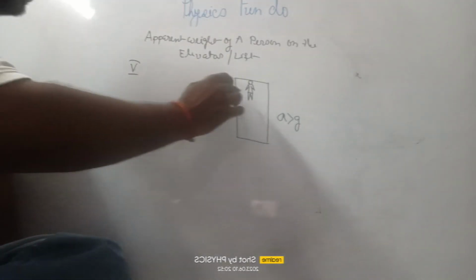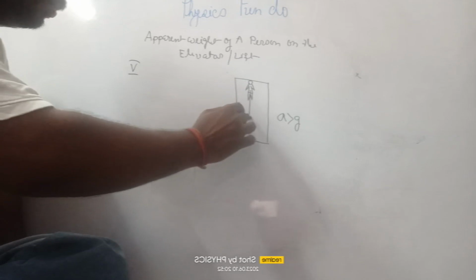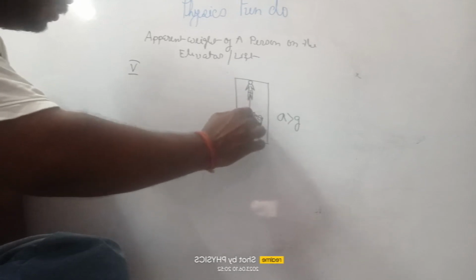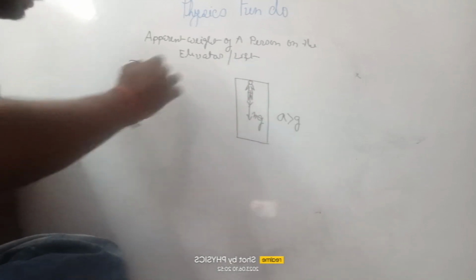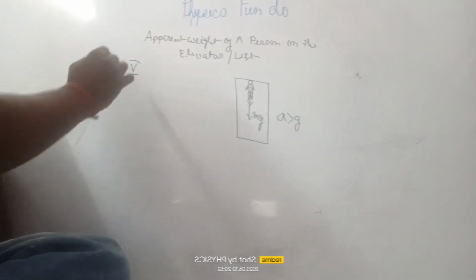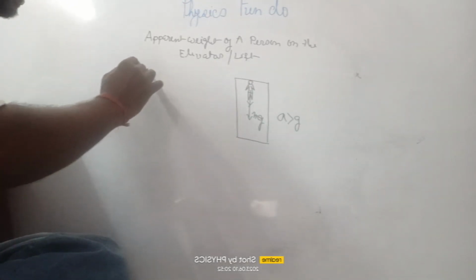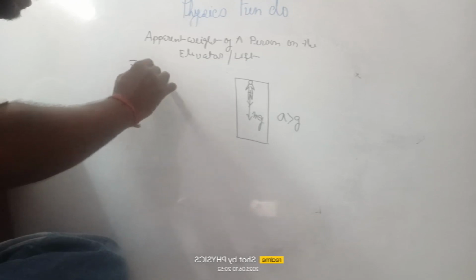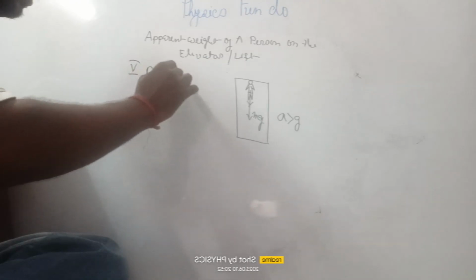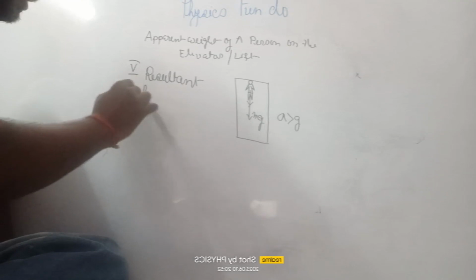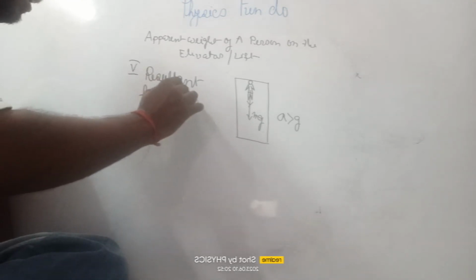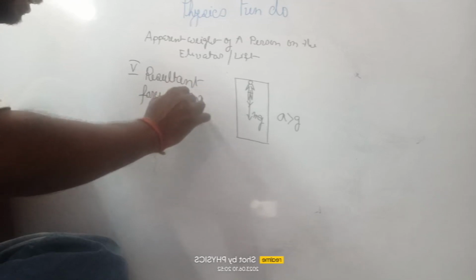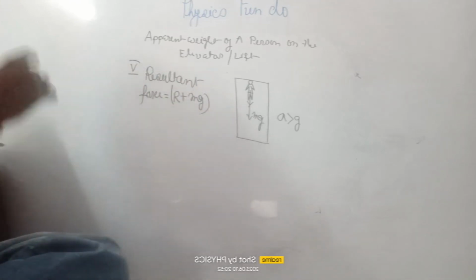Now the weight acting in the downward direction, that is mg, and the reactional force also acting in the downward direction. So for this, the resultant force is equal to R plus mg.